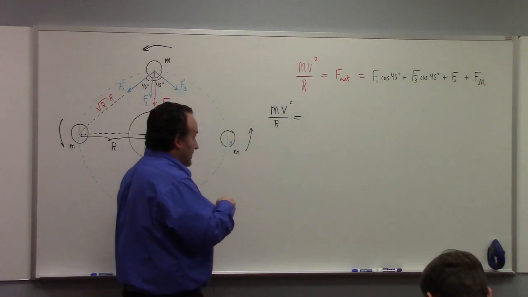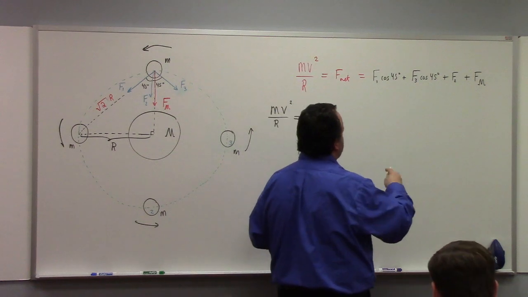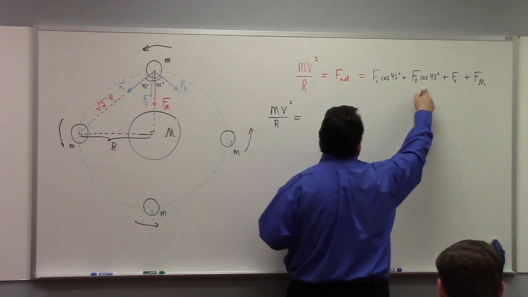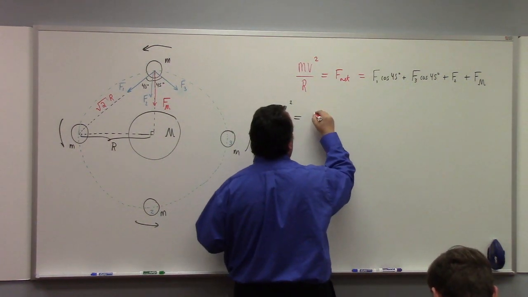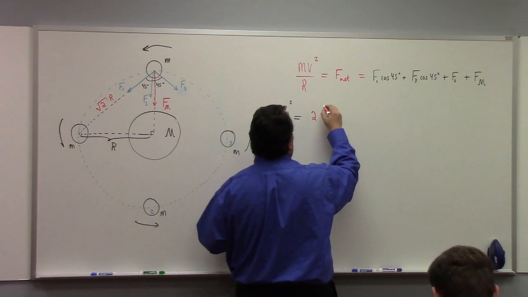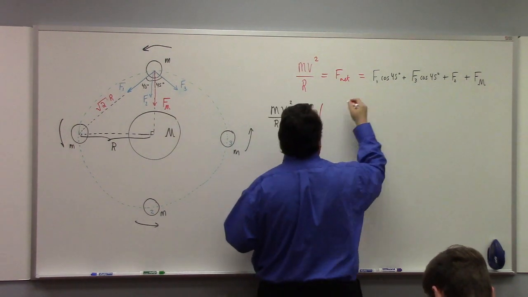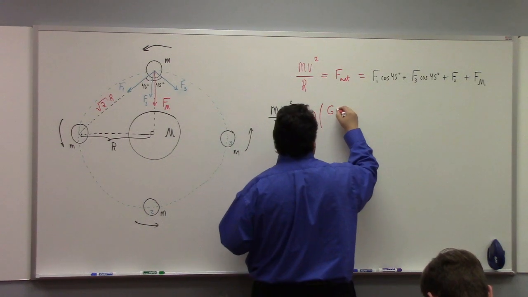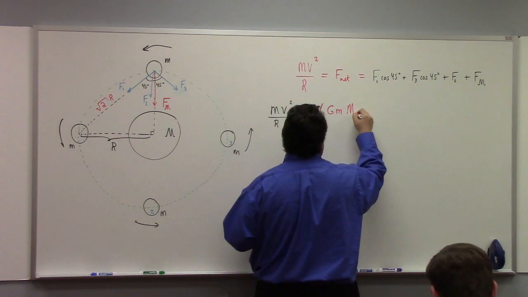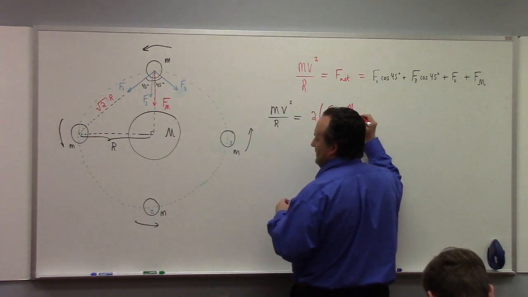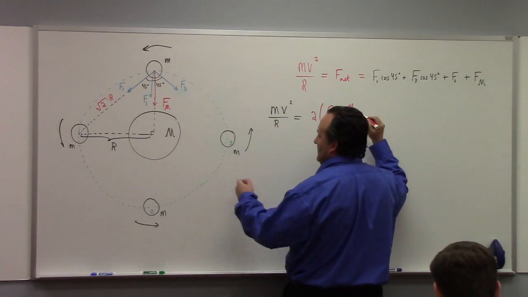All right, and by the way, by symmetry, we can just double this, right? So we've got 2, F1 is, what is it? G, mass of the moon, mass of the planet, my bad, not mass of the planet. This has nothing to do with the central planet here.